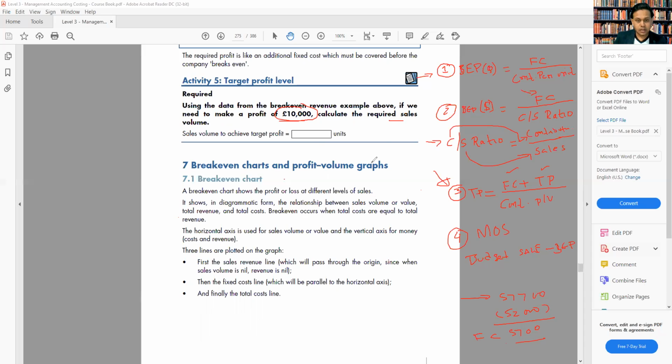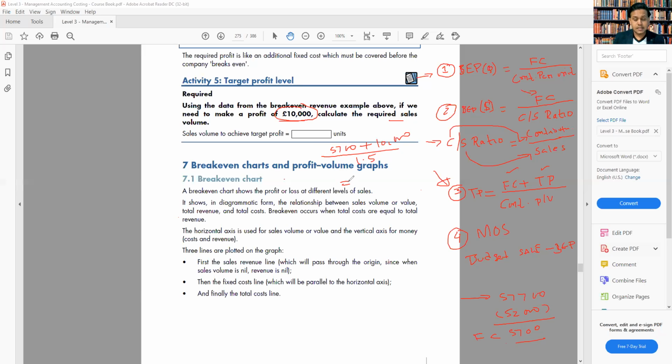So we said fixed cost, the formula here. So how much was the fixed cost? 5,700 plus the target profit. I'd like 10,000 pounds profit, and the contribution per unit. If you remember, the contribution per unit was 1.5, and that will give us how many units I have to sell in order to make 10,000 pounds profit.